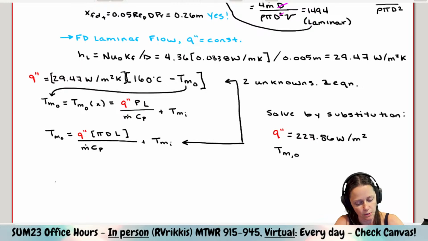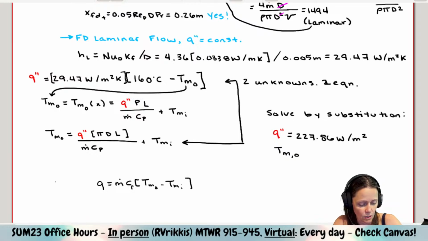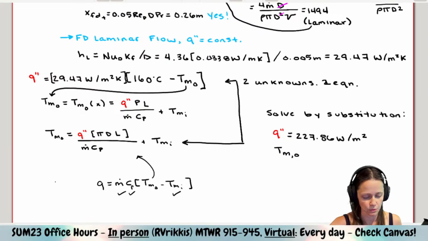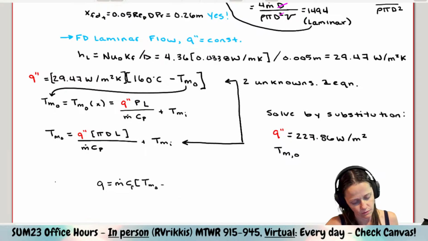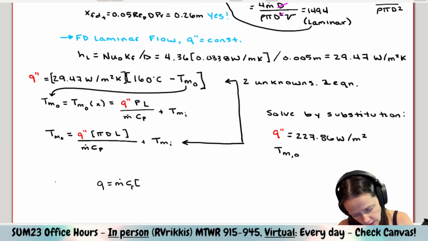Your first law would give you Q equals m dot Cp times (T_m,out minus T_m,in). You know this, you know this, but you don't know the T_m,out. So you'd still be left with two equations and two unknowns, because you'd need to get that surface heat flux.